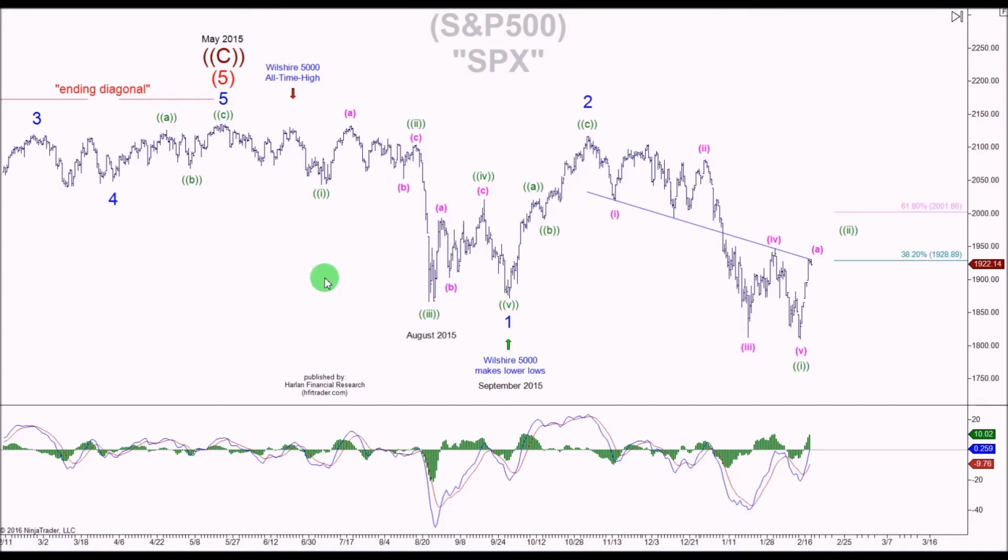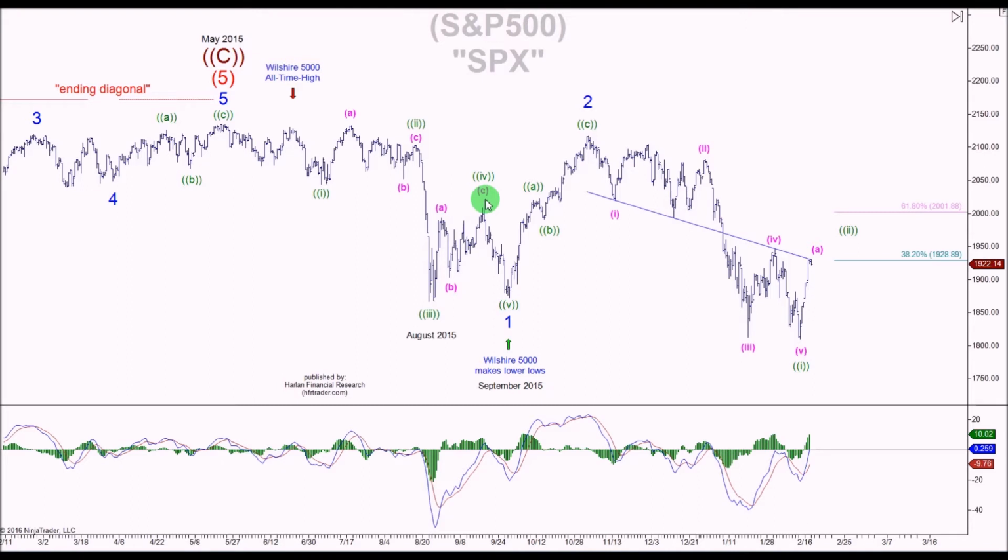Just to recap what everybody already knows from previous updates, we go back here to the all-time high last year in May, and the Wilshire made its all-time high at this point right here. Then the Wilshire did a one wave down, a flat two-wave correction, 5 waves down at this point right here, made a lower low to make wave 3.